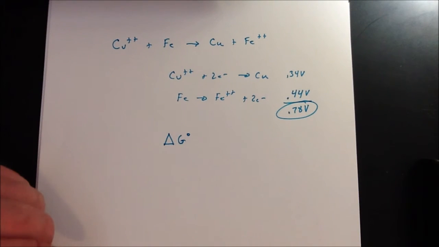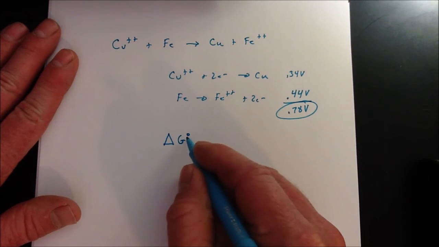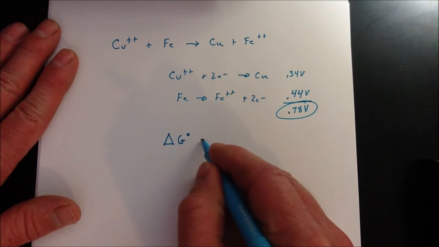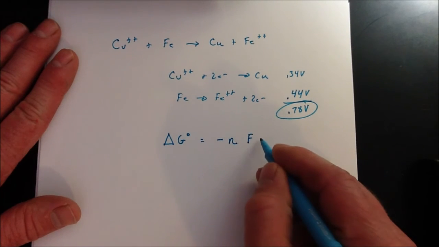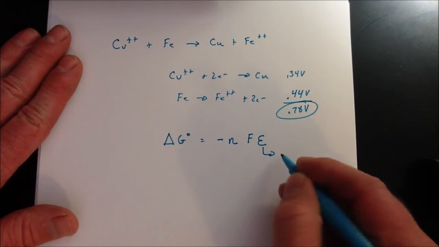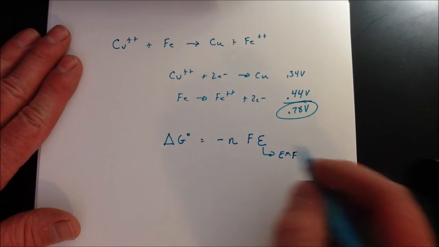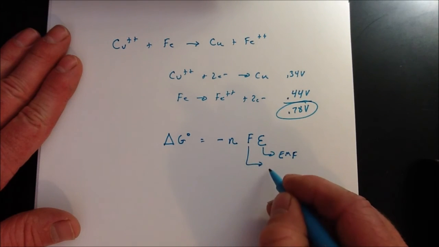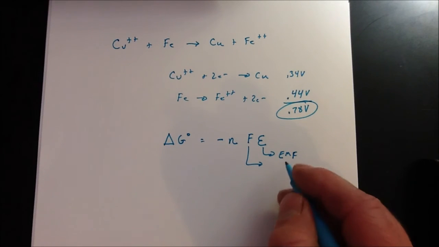I'm not going to go through deriving this equation, but I do need you to be able to calculate this. You can find delta G for a reaction by doing negative N F E, where E is your cell potential, your cell EMF, your cell voltage, whatever you want to call that. F is Faraday's constant, and we'll talk about where it comes from.